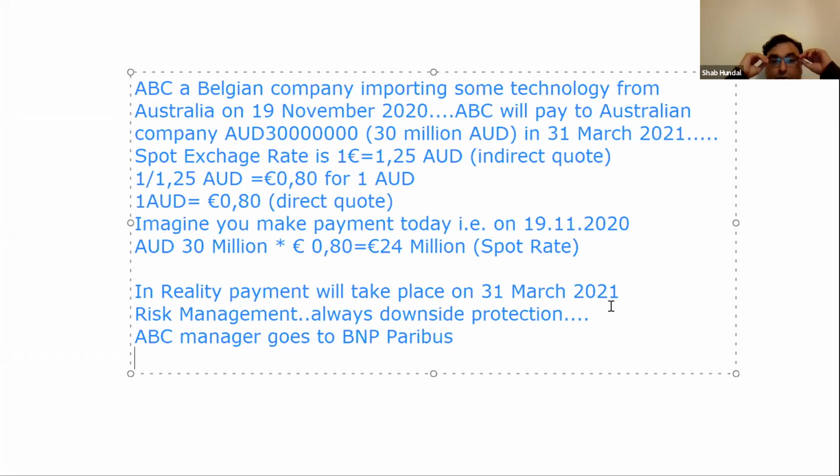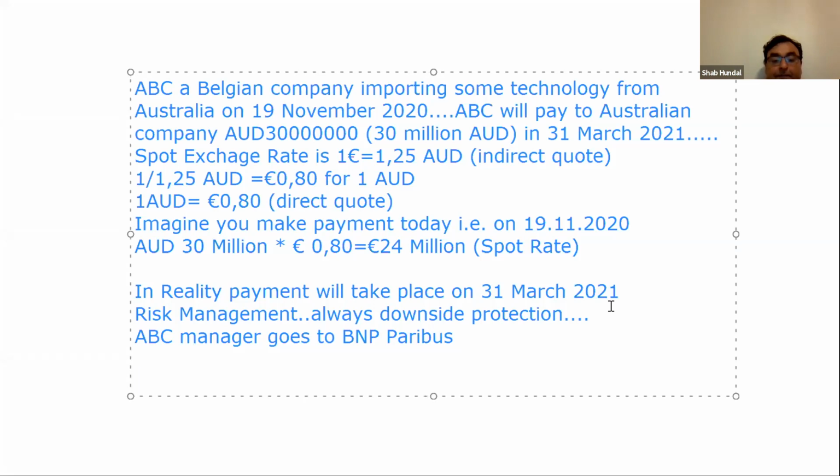And the bank has a solution: hey, you know what? You don't have to worry every day. You don't have to live in an uncertain zone. We are offering you a rate which will be 1 Australian dollar equal to 0.83 euro.